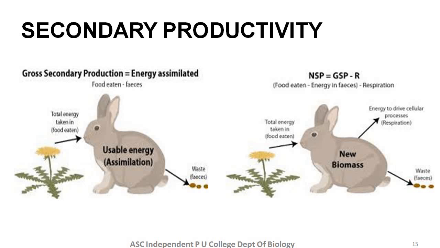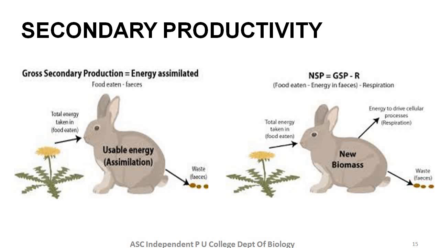And in this, you should always know the organic matter that is produced is the gross. Alright, and some amount of energy will be utilized for respiration. So that is respiratory loss. So GPP minus respiratory loss will give you NPP, net primary productivity, in case of plants.